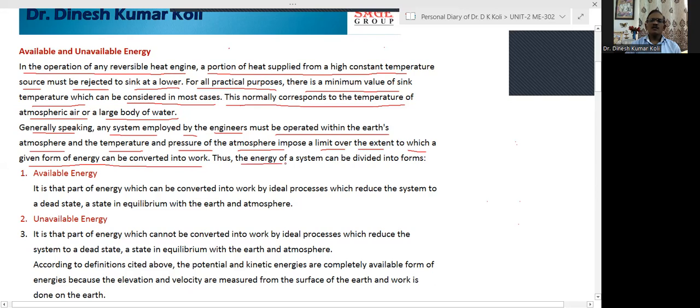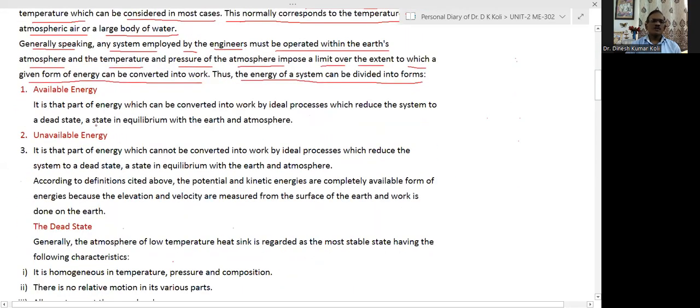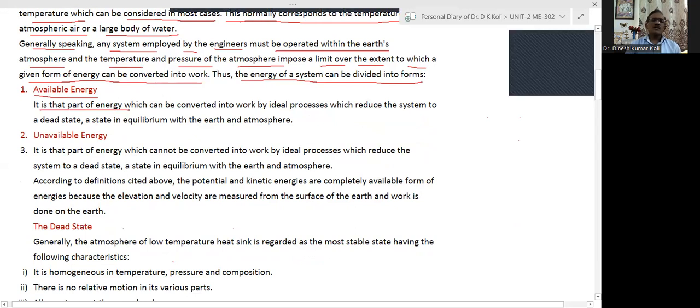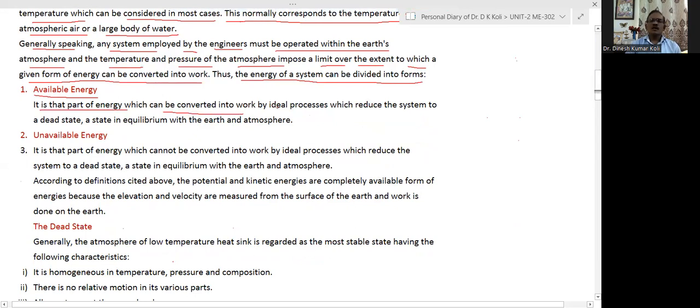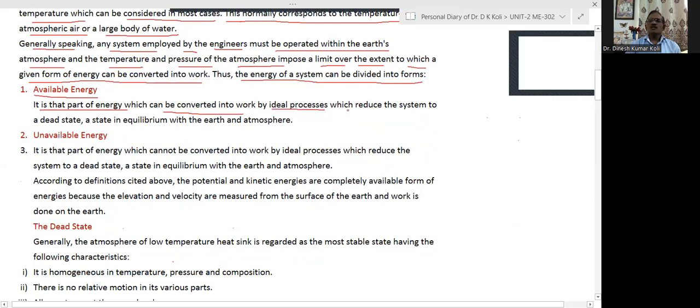The energy of a system can be divided into two forms. The first one is called the available energy or availability. It is that part of energy which can be converted into work by ideal processes which reduce the system to a dead state, a state in equilibrium with the earth and atmosphere.